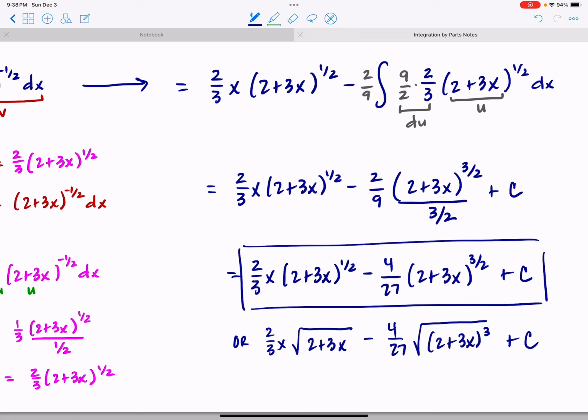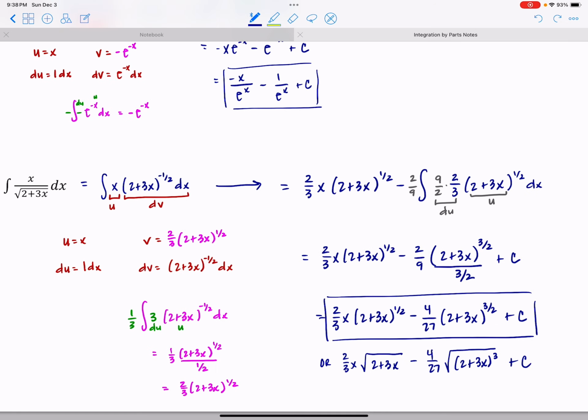But for the purposes of your homework, obviously the radicals are not going to be the nicest to even try to type in. So if you're doing this in Canvas, then this will be the option that you're going to go with. Maybe I'll even have you submit a picture of your work instead of having you type that in, because it's a little bit ridiculous. But the radical form or the rational exponential form, both would be totally fine.